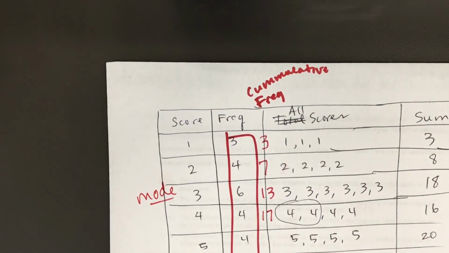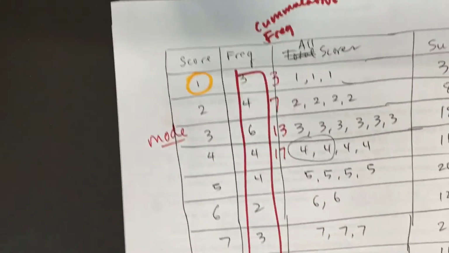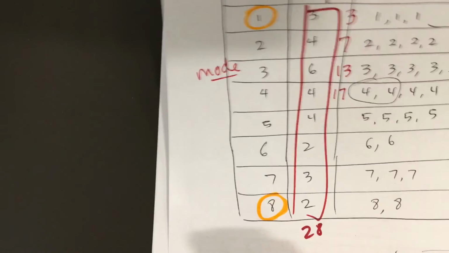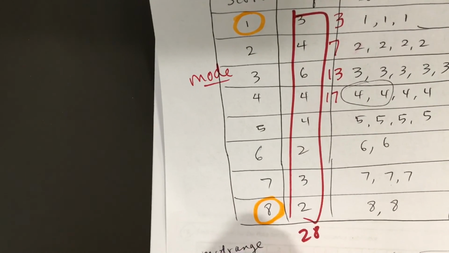And we are looking for the mid-range. For the mid-range, you just have to find the high score, which is 8, and the low score, which is 1, and add them together and divide by 2. So mid-range, 8 plus 2, that's not right. 8 plus 1 over 2, 9 over 2.